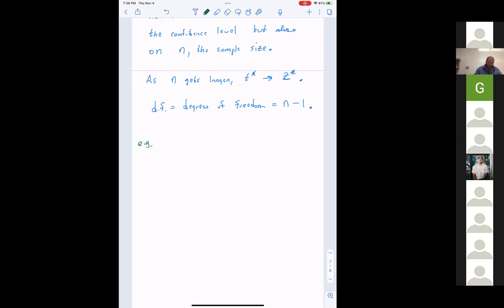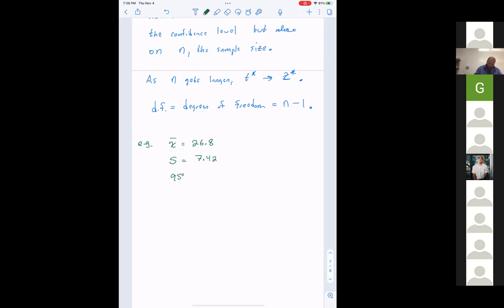Body mass index of young women. In an example earlier, we discussed this. So here we have the following situation. We have an X bar of 26.8, a sample standard deviation of 7.42.